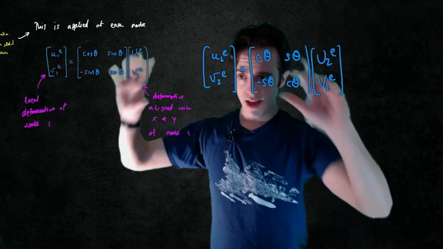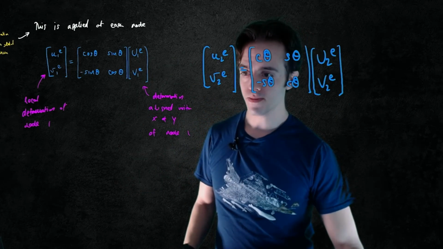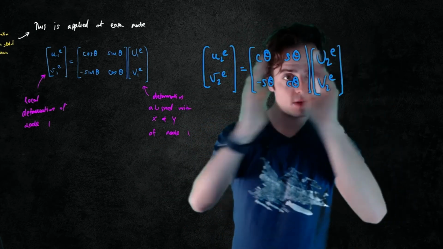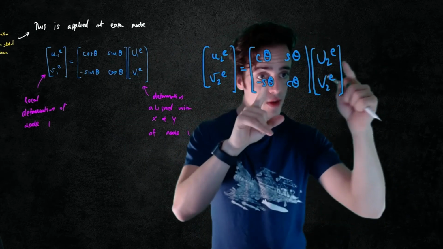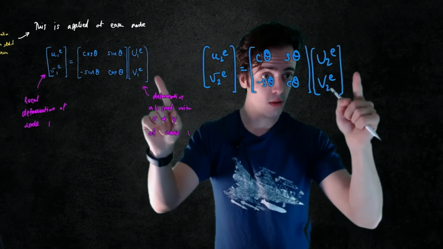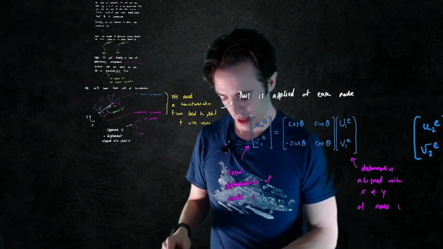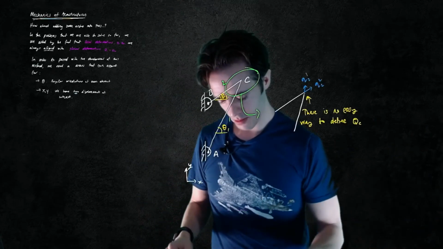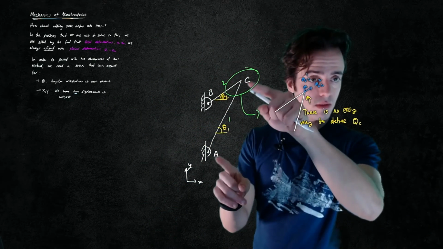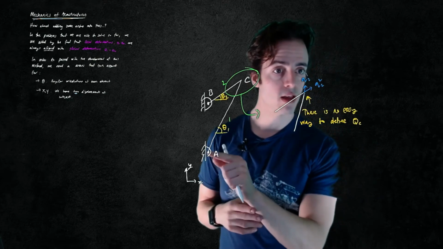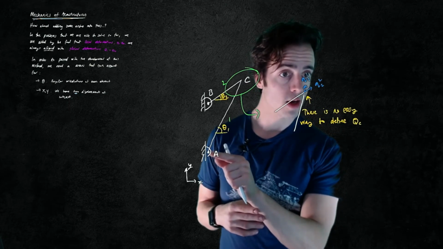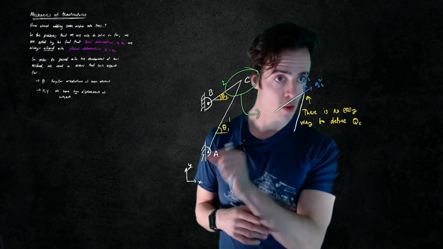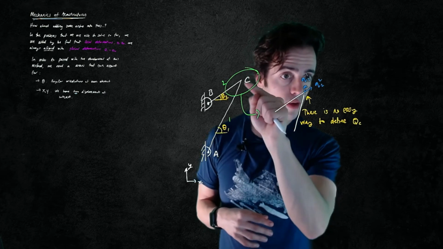Okay, so we've now got this setup that helps us define the relationship between global displacements, even though we've still got these set up just as 1 and 2. So this would be for this first element. We'd do this for this element, and we'd end up with a way of converting displacements lowercase u1 and v1 for element 1 into uppercase u1 and v1 for element 1, and we do the same here.